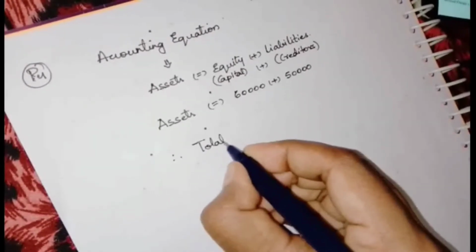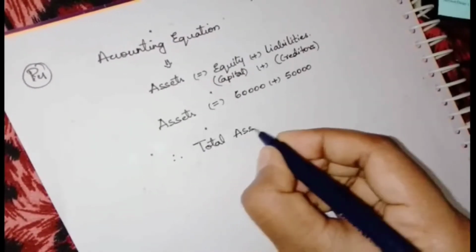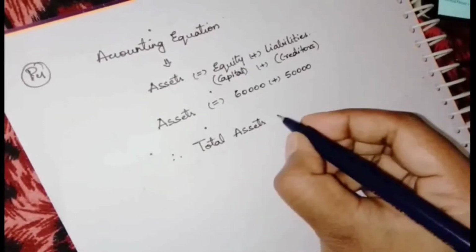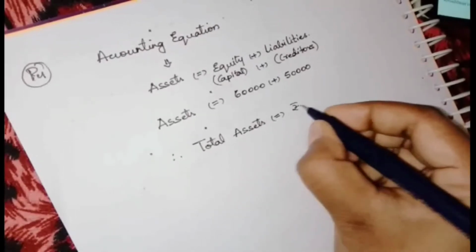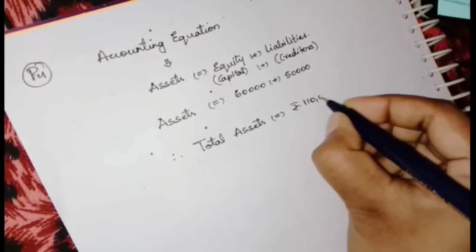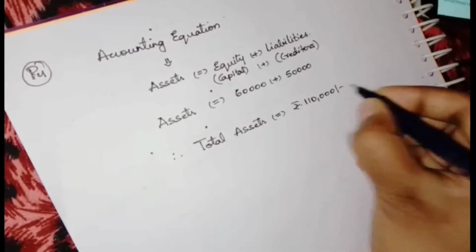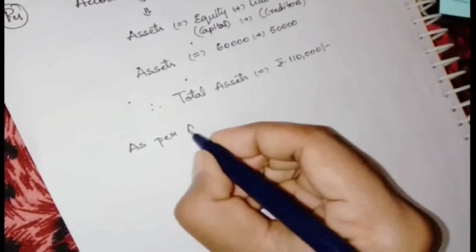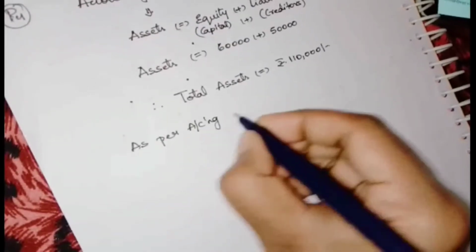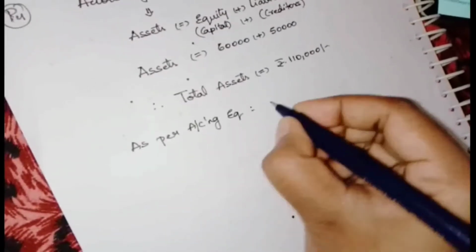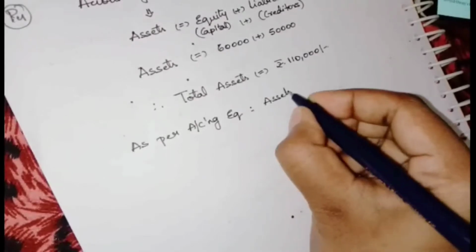So total assets comes to 1,10,000. As per the accounting equation, assets is equal to equity plus liabilities.